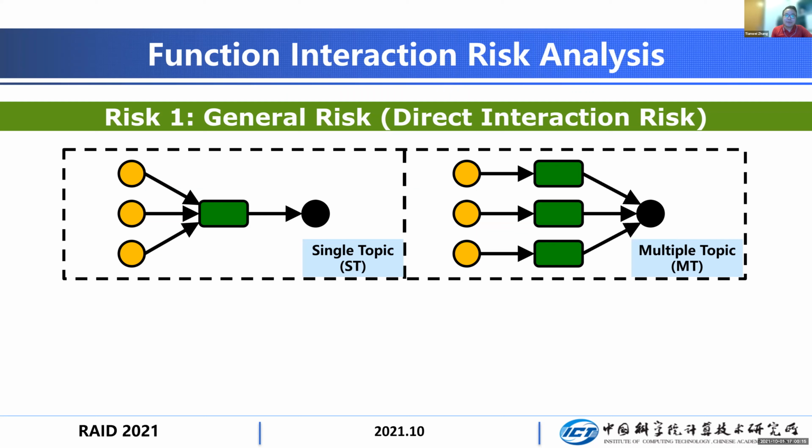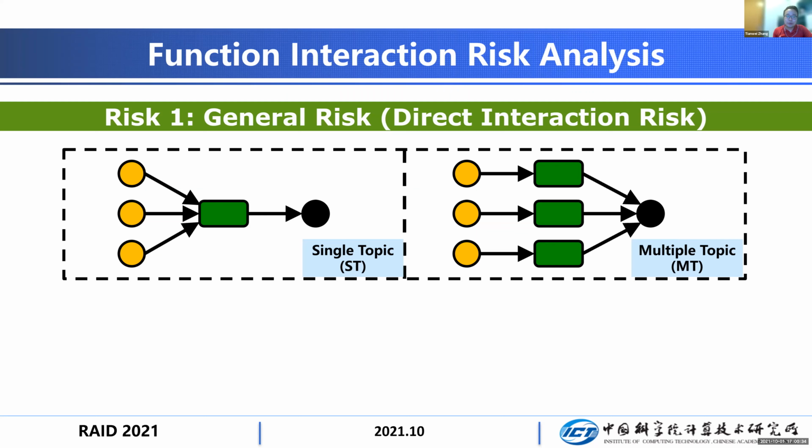The first type is called the general risk, and this happens in the direct interaction. The key idea of the general risk is that multiple nodes will share the same state.